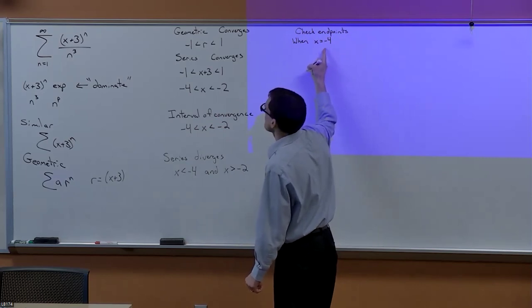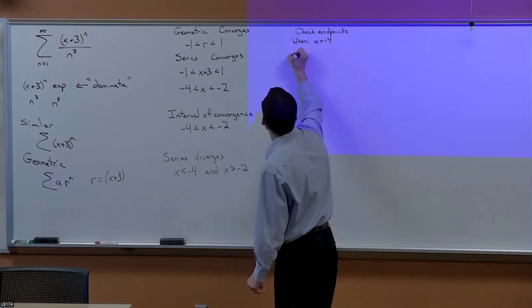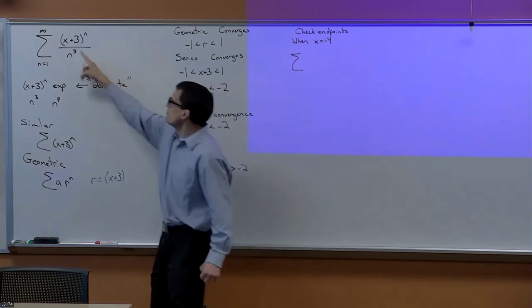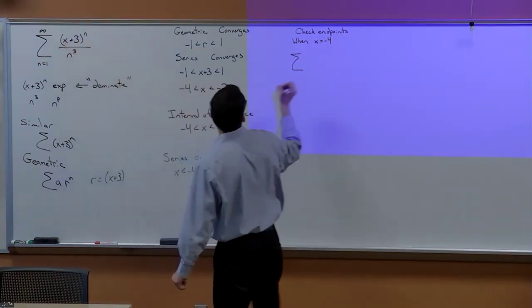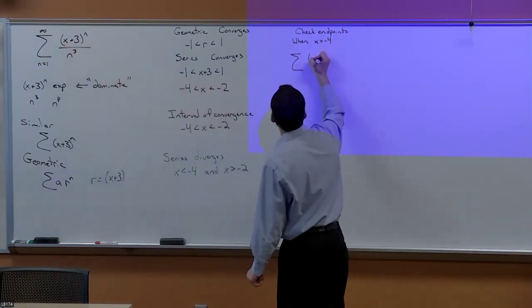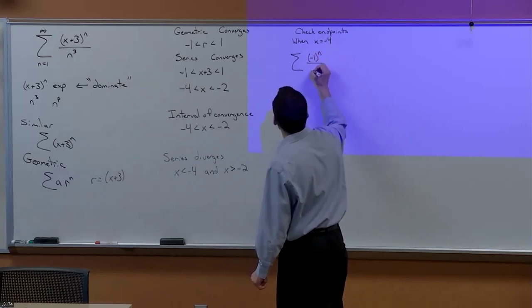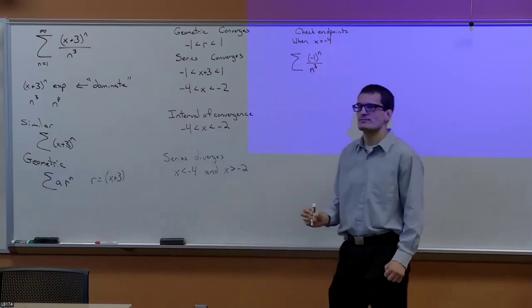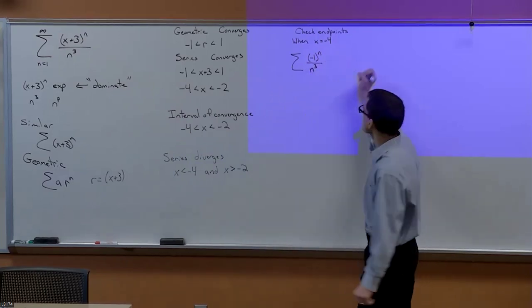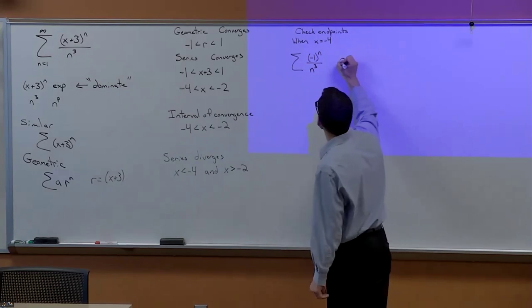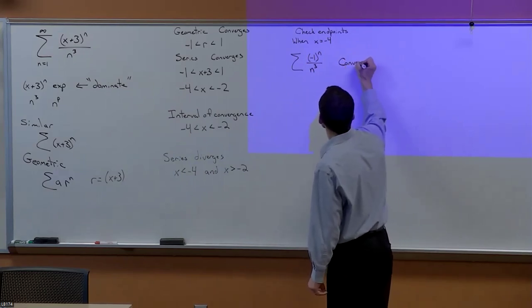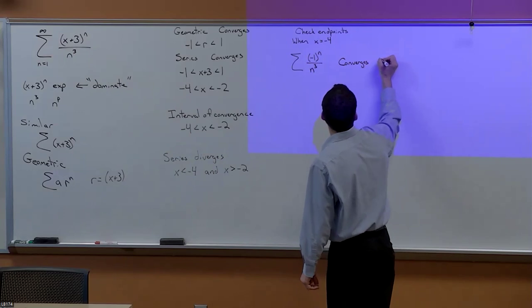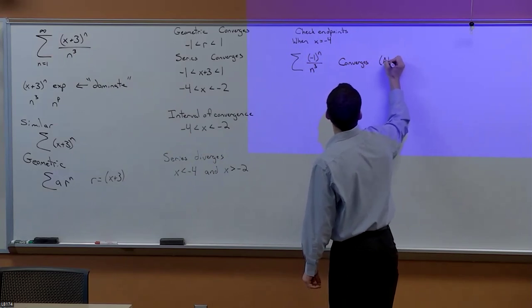So when x is equal to -4, I plug in -4 here, and I would get an infinite series that looks like (-1) to the n over n to the third. That converges because of the alternating series test.